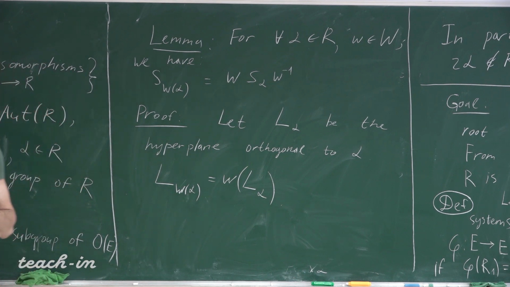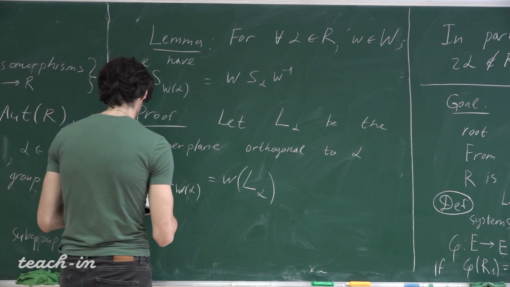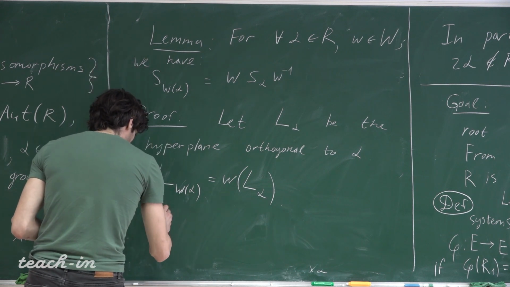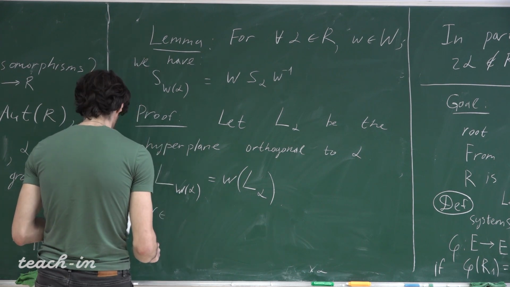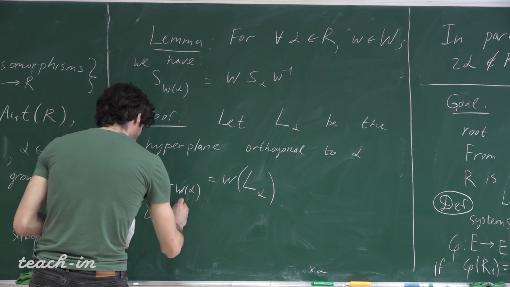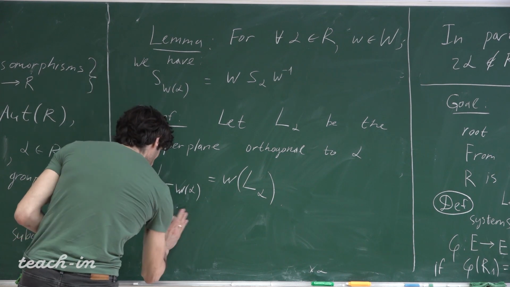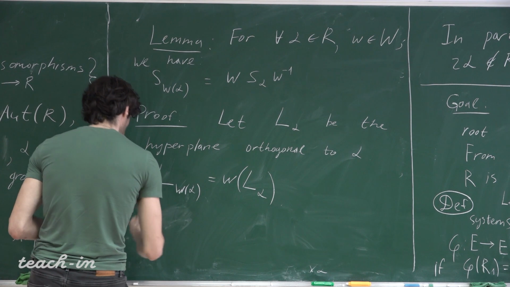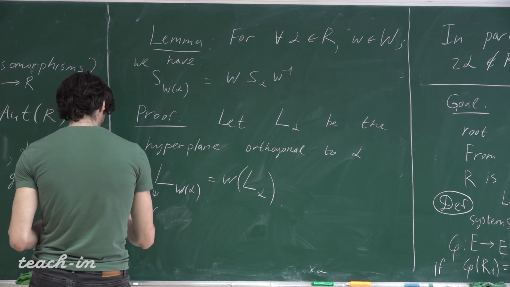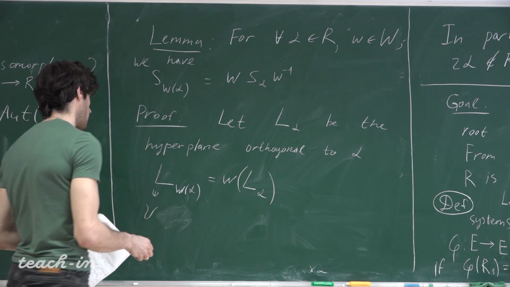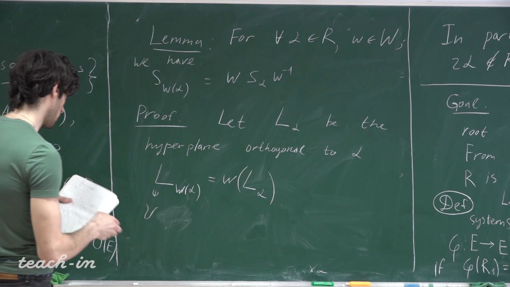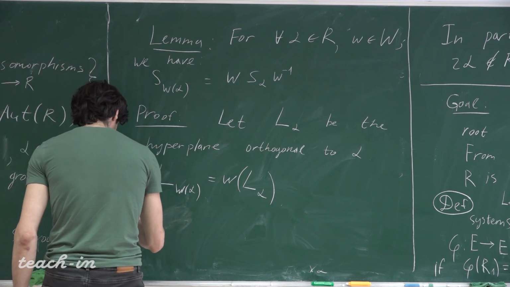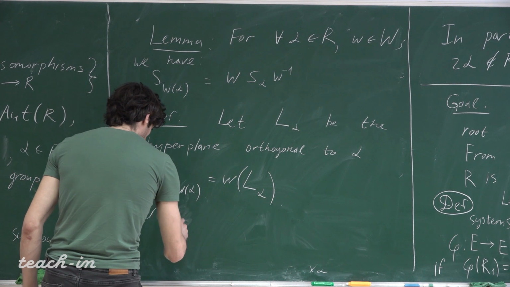On one hand, we have this. So let me take V from this L of W alpha.